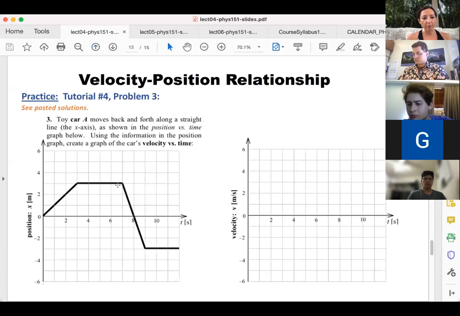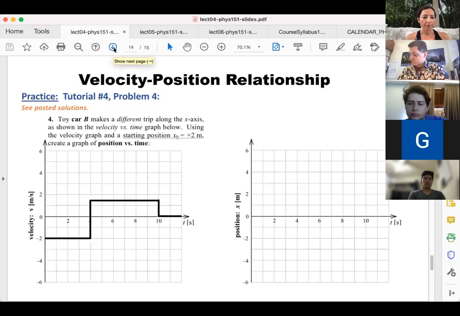In this part, because we are stuck, the time is passing by and I'm still in the same position, which means that my position is not changing. So the velocity must be 0. Then we go to a negative velocity here. And again, in this last part, the velocity stays at 0.